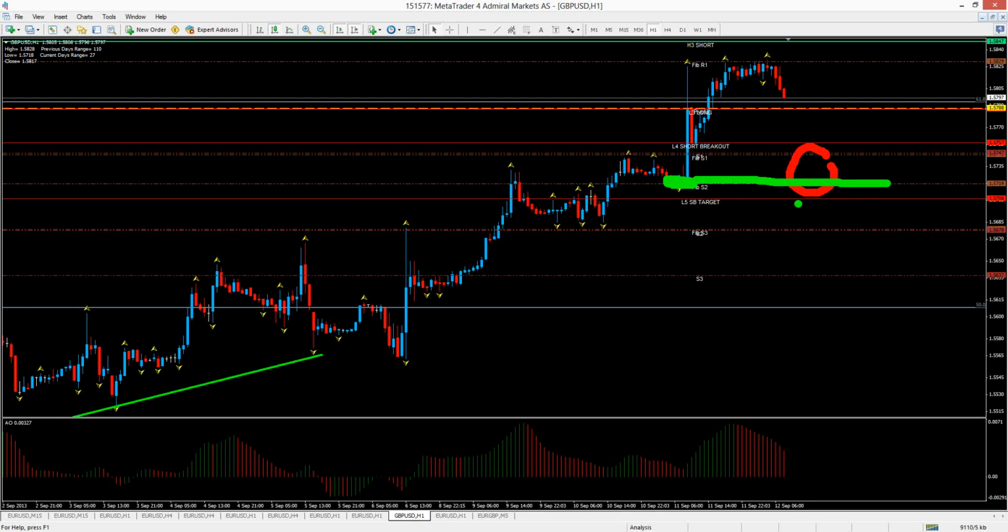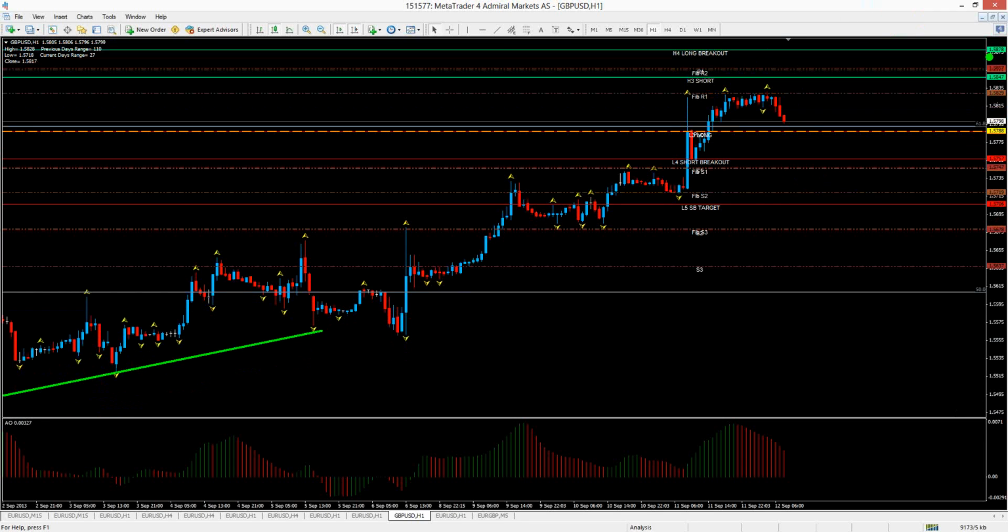I don't think that's a good target if you look at the daily candle low right there. I wouldn't say that's optimal. I do like the long side of it, though, if we do break to the upside that far. All right, that is 158.78.